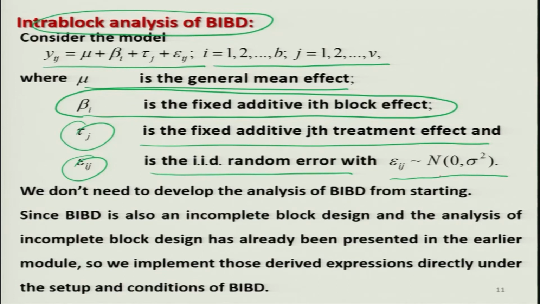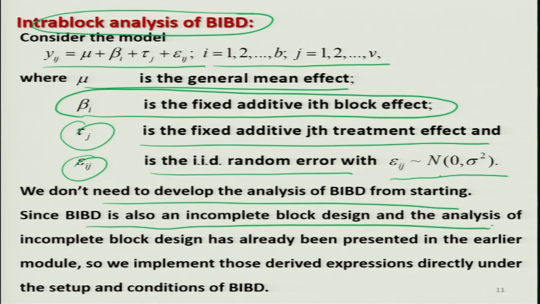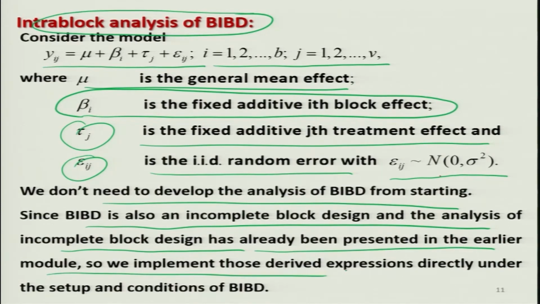As I said, now we do not need to develop the analysis of variance for BIBD right from the beginning, because BIBD is an incomplete block design, and the analysis of incomplete block design and its analysis of variance has already been presented in the earlier chapter.